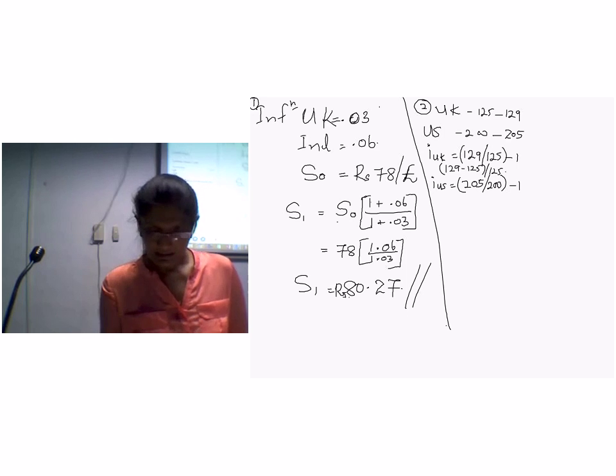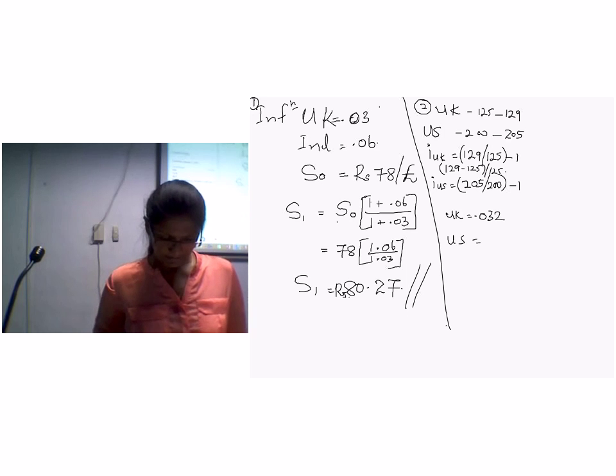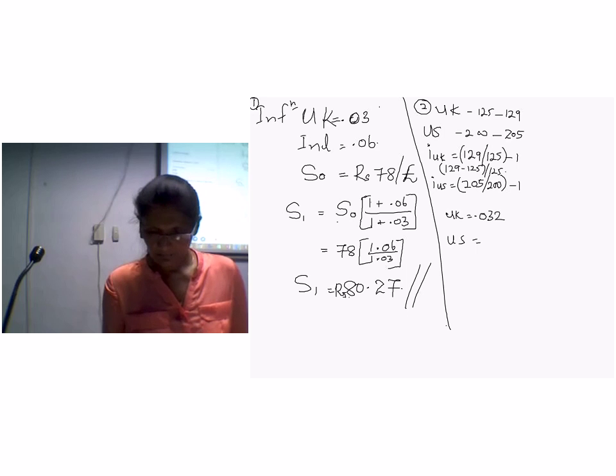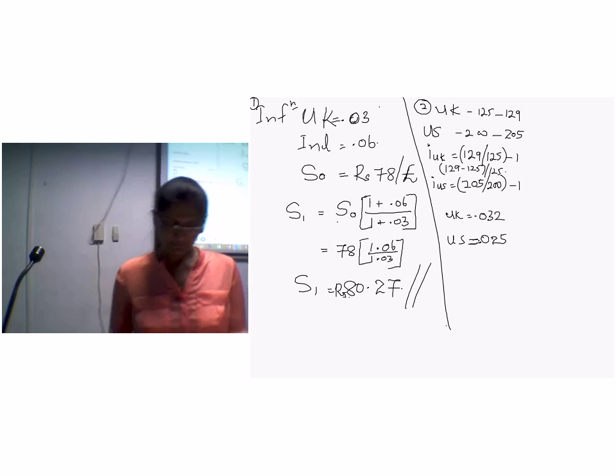What is the answer? For the UK it is 0.032. For the US it is 0.025.